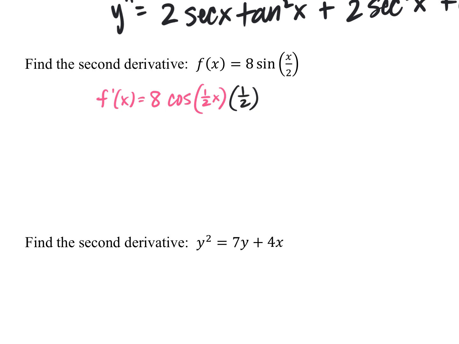Heald, if I didn't rewrite that as 1/2 x, and I asked for the derivative of x divided by 2, what rule would I have had to use if it was division? The quotient rule. Okay. Here we go. Making it rough on you. Let's simplify this. What's 1/2 of 8? 4 cosine of 1/2 x.